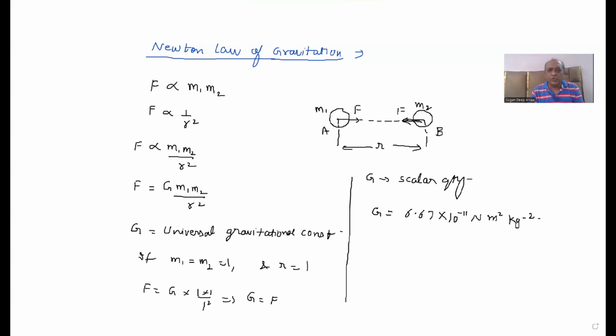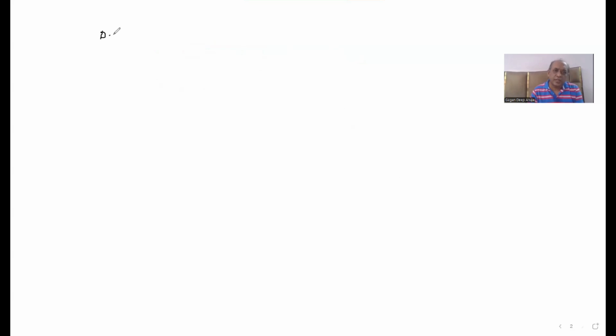We can also work out the dimensional formula of capital G. How can we do that? We have Newton's law of gravitation, which says that F is equal to G m1 m2 divided by r square. So capital G will be equal to F into r square divided by m1 into m2.